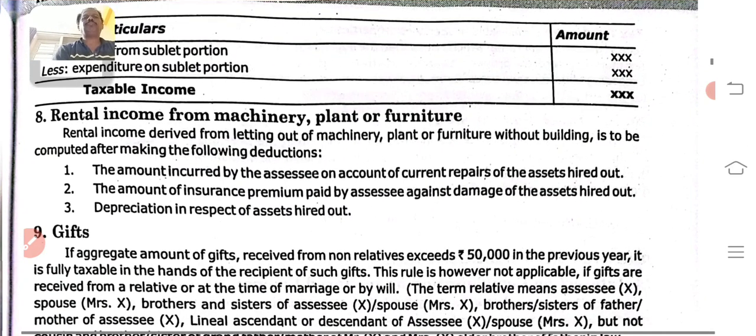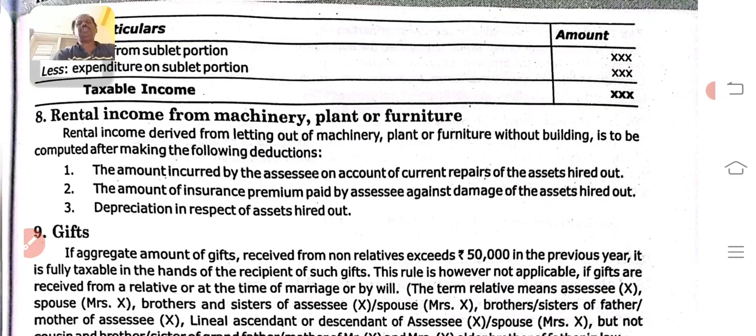Next one is rental income from machinery, plant or furniture. Any rental income derived from letting out of machinery, plant or furniture without building is to be computed after making the following deductions.